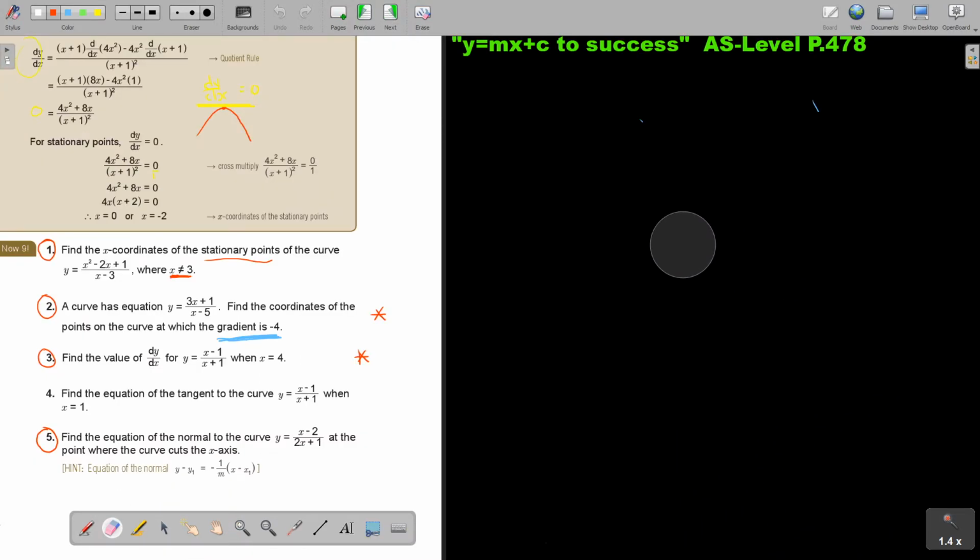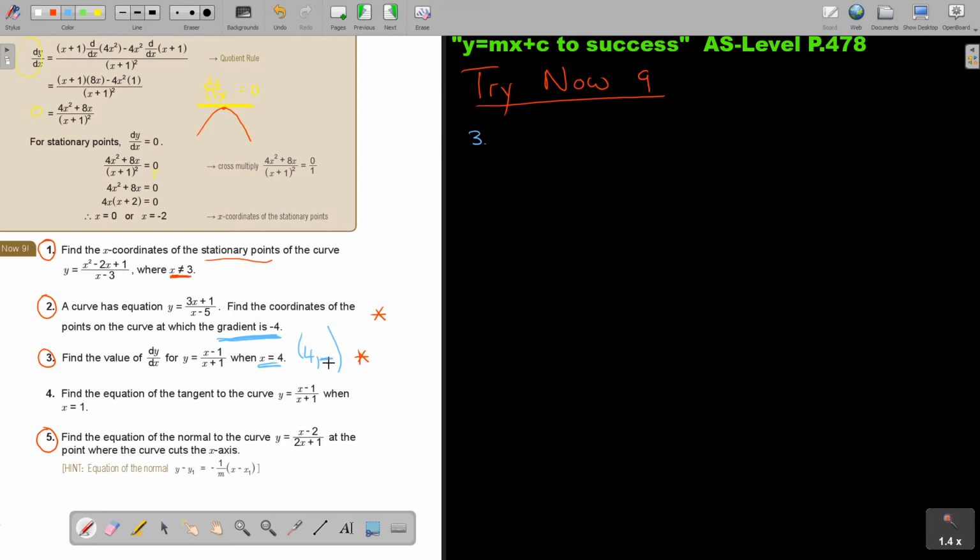Okay, let's make space. And don't forget, we are busy with trinomial 9. And we are going to do number 3. Find the value of dy/dx when x is 4. Now, this is not the gradient. This is the coordinate points, but I don't need to find the y.